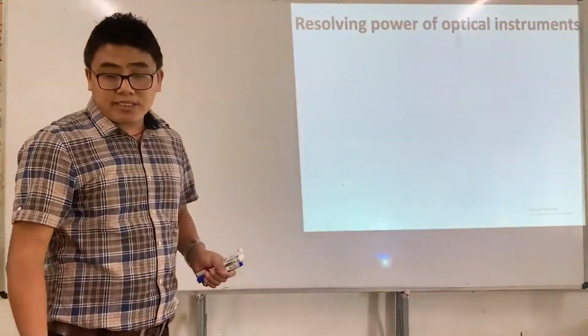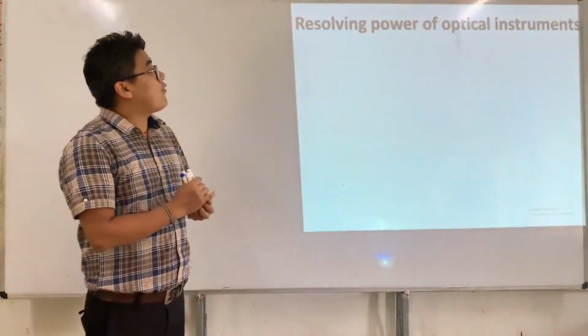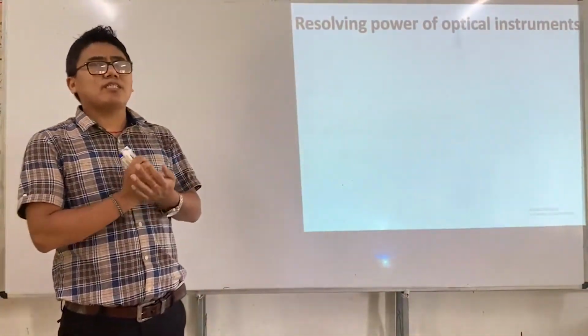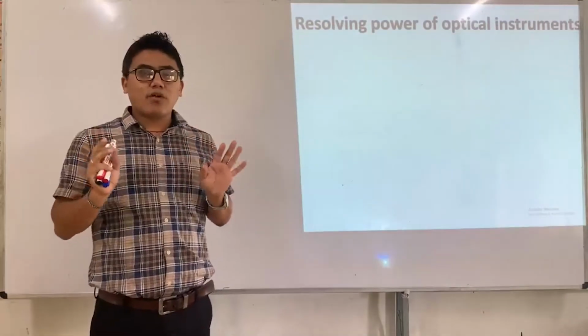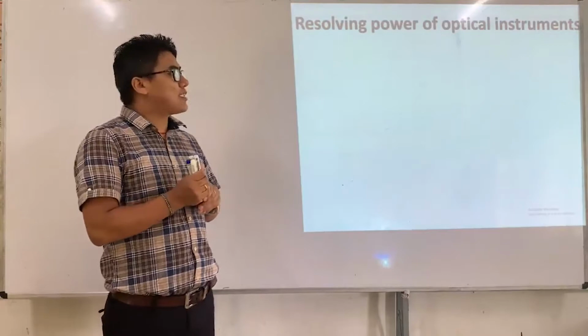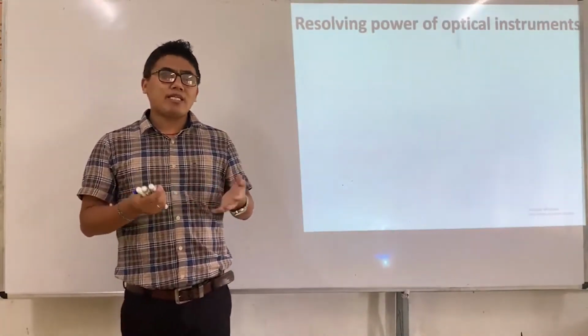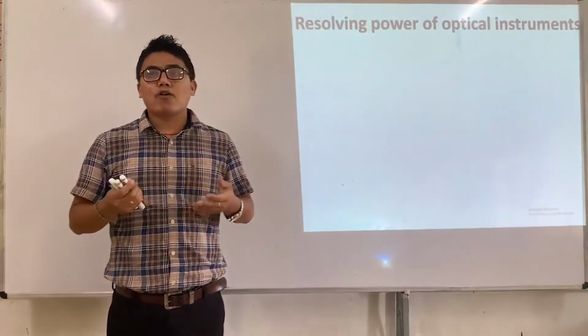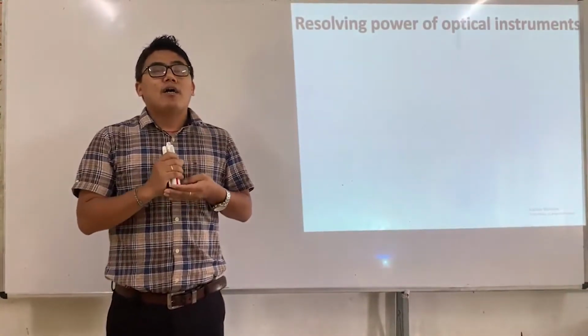what I'm going to do today is the resolving power of optical instruments. We are going to discuss the resolving power of two optical instruments, the microscope and the telescope. When I did ray optics, we talked about magnification of telescope and magnification of microscope.